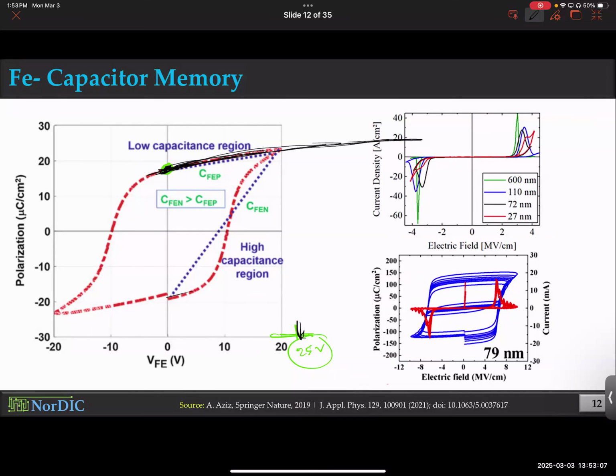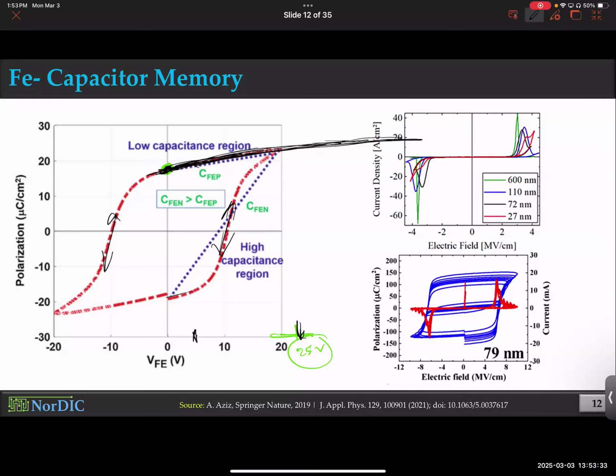Notice, no matter how high of a voltage you apply or how low of a voltage you apply, will the capacitance level ever be too high? Wouldn't it be really flat? You guys all agree with me? Because you don't go through this transition region. As long as you don't traverse through that transition region, your capacitance will be pretty benign. It will change slightly, but not much.